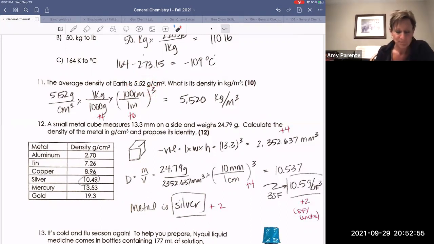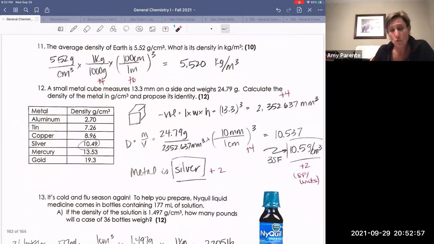All right, problem number 12 was almost identical to a problem that we did in class. It's using measurements to determine the volume of a cube. Length times width times height is going to give you the volume. Now, it gives us the volume in terms of cubic millimeters. So again, you could handle this problem one of 2 ways.